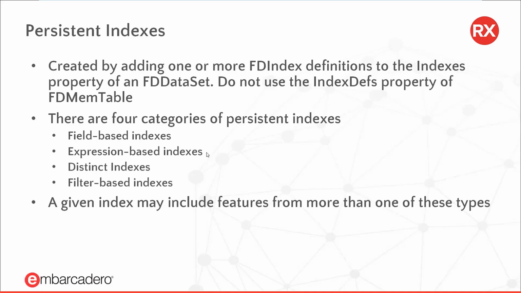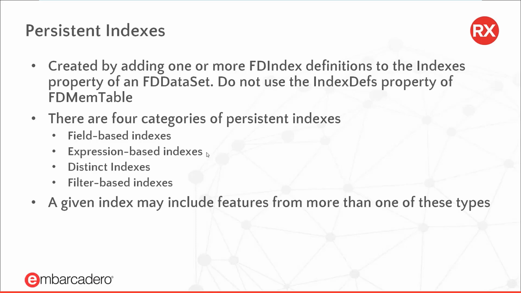If you apply a distinct index to it, there's only going to be one state. If your expression is the state and it's a distinct index, even though there may be many thousands of records for each state, you'll only see one record for each state, and that is actually a pretty cool index.